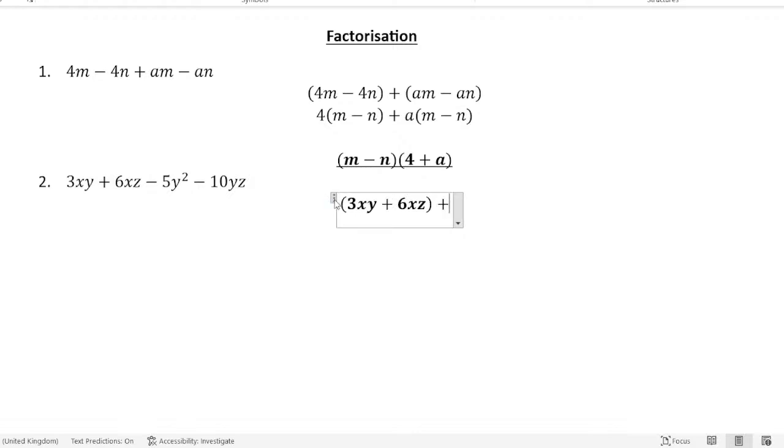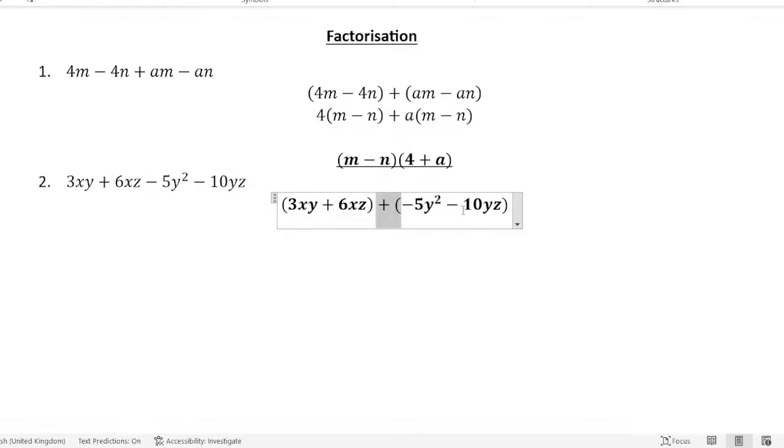Close brackets, plus, then we have open brackets negative 5y squared minus 10yz. Here we didn't do anything, we just put them inside brackets together. Now let's change the sign.